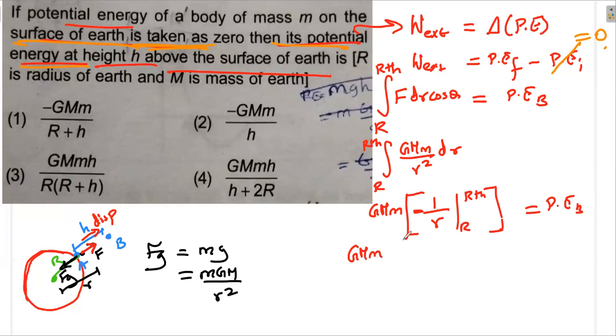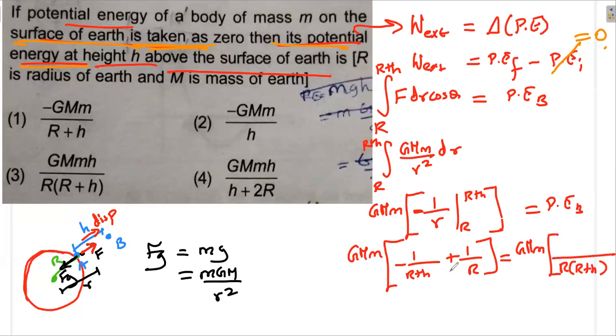So this is GMm times minus 1 by R plus h, minus of minus, so plus 1 by R. If I take the LCM here, this is GMm into minus R plus R plus h, over R into R plus h. The R's cancel, so I have GMmh by R into R plus h, and this is equal to the potential energy at point B.